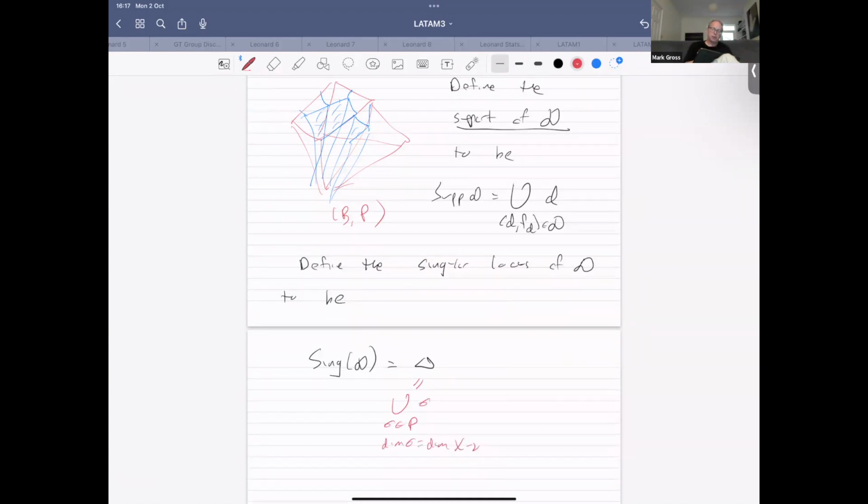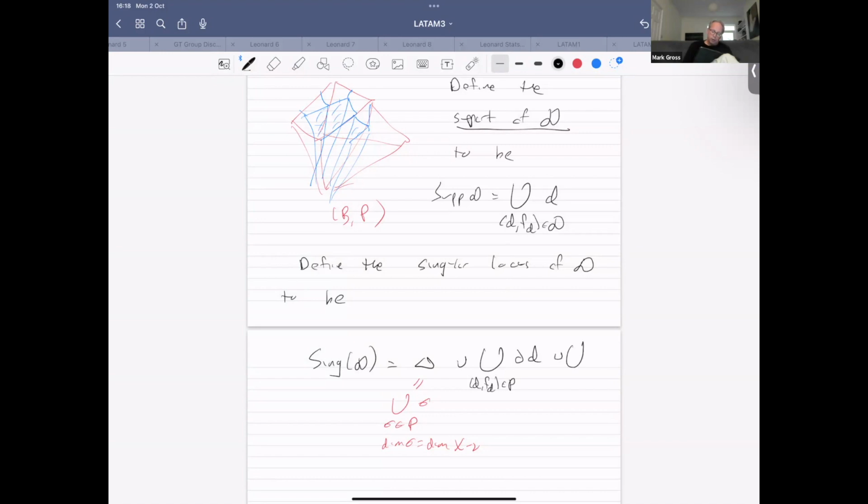And then I throw in all the boundaries of walls, so for (d, f_d) in D, the boundary of d. As d is a codimension 1 cone, the boundary is a union of codimension 2 cones.